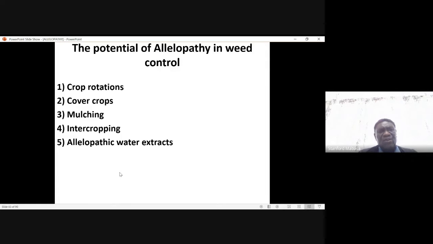Yes, there are opportunities to do this. First, in crop rotations, cover crops, mulching, intercropping, or we could actually extract some allelochemicals and apply them to weeds.